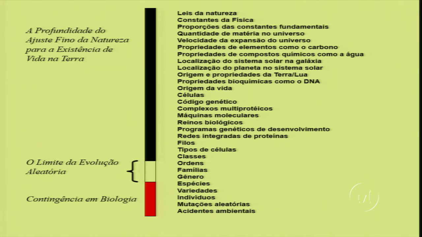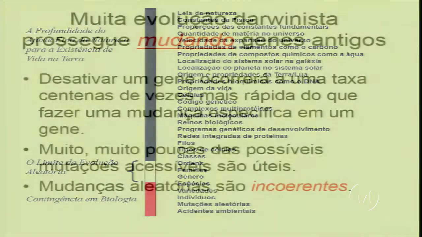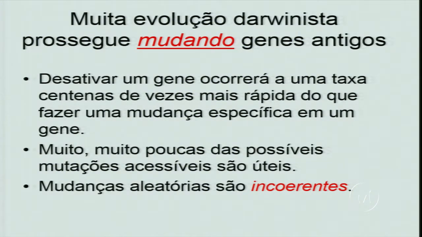Now, lately, I have been looking at some other results of experiments, and it turns out that much Darwinian evolution proceeds not by changing amino acids or by improving something, but by breaking old genes. And that's actually what you might expect in retrospect, because disabling a gene, breaking it, will occur at a rate hundreds of times faster than making a specific improvement in a gene, simply because there are many more ways to break a gene than to improve it.